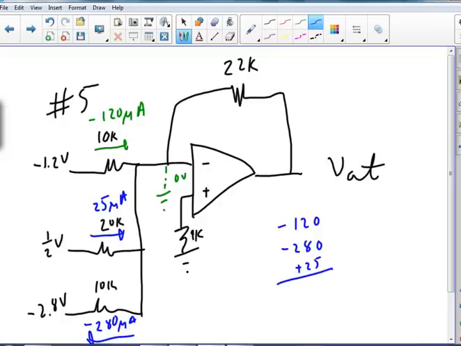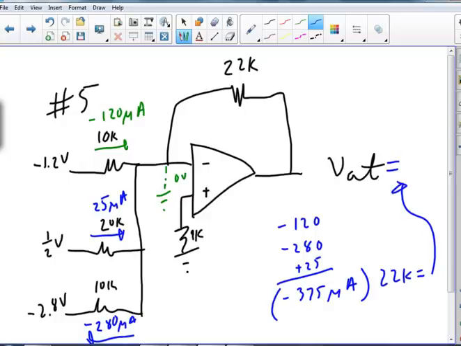Okay, so maybe I can do that. 120 plus 280 minus 25. So I got minus 375 microamps. I'm going to multiply that through 22K, and then I'm going to put that answer right here for my V out.